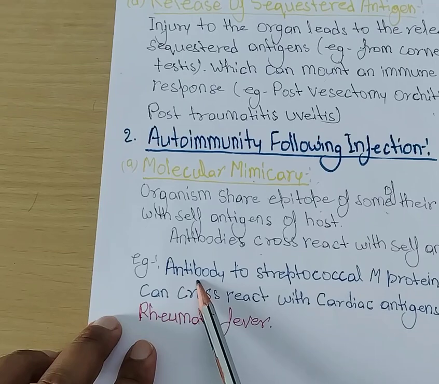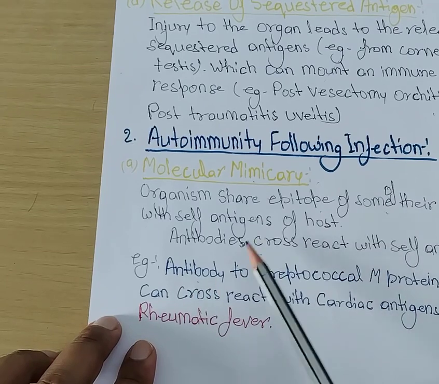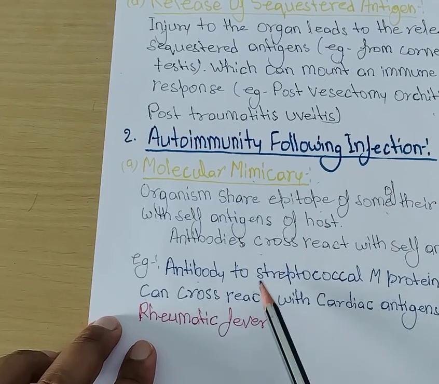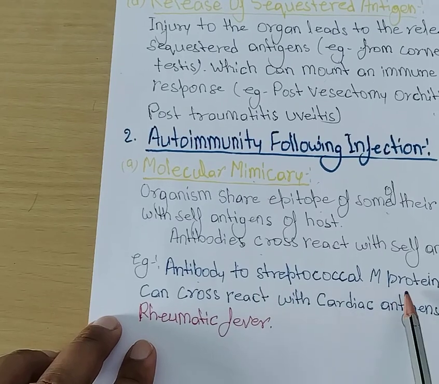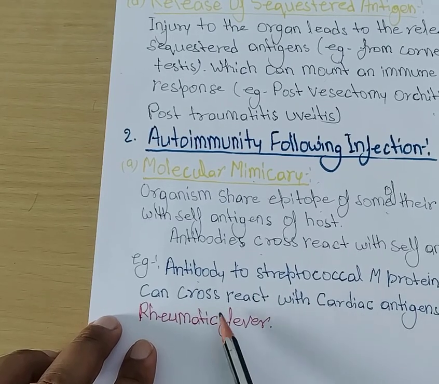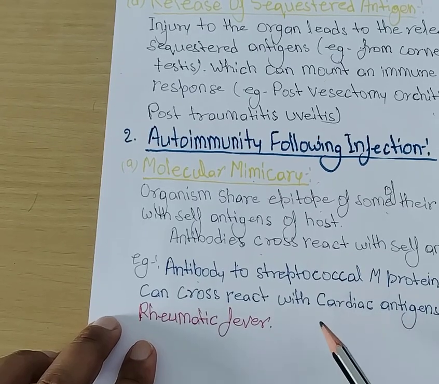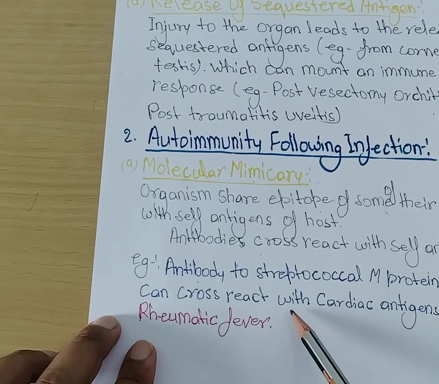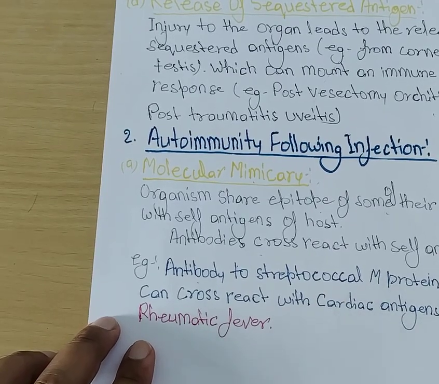Molecular mimicry is seen in antibody to streptococcal protein antigen, which can react with cardiac antigen, leading to acute rheumatic fever, an autoimmune disease.